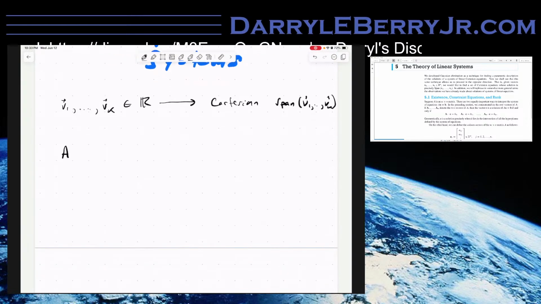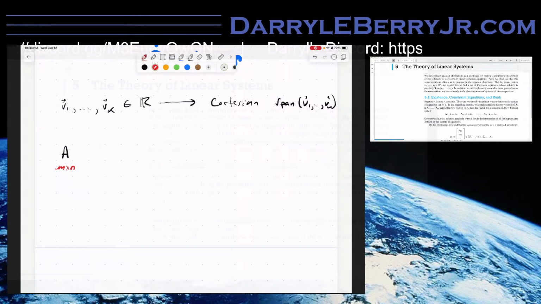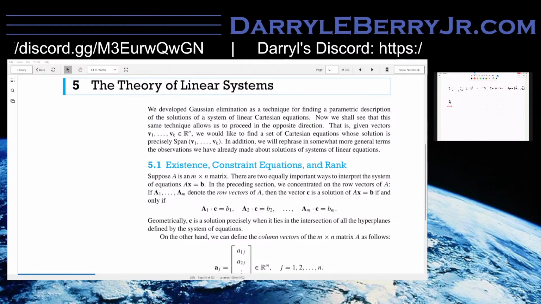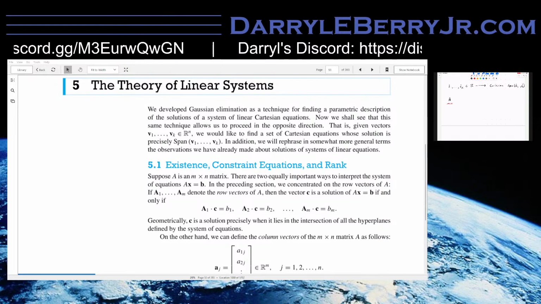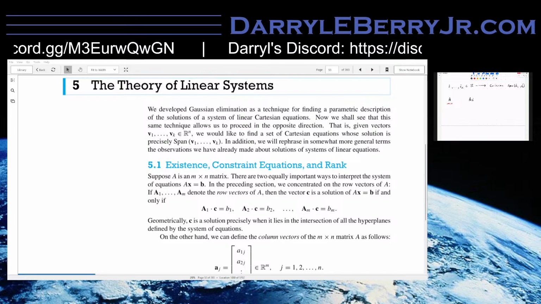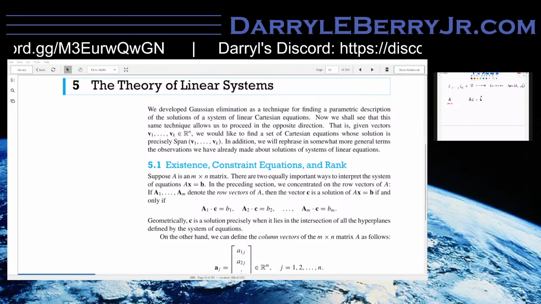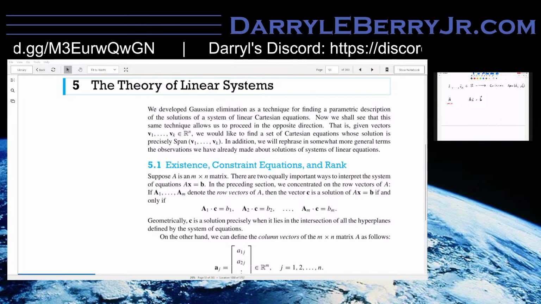Right? So A is a matrix, m by n. And we have two ways to interpret the system of equations. The system that they're talking about is AX equals B, where X and B are vectors.